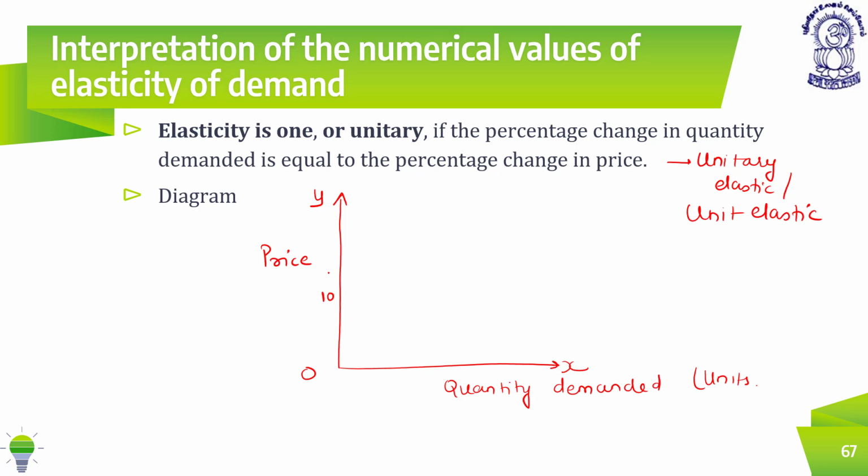So price is 10, quantity is 100. Price decreases from 10 to 5, and quantity increases from 100 to 150. This DD demand curve is unit elastic. Elasticity of demand is equal to 1.